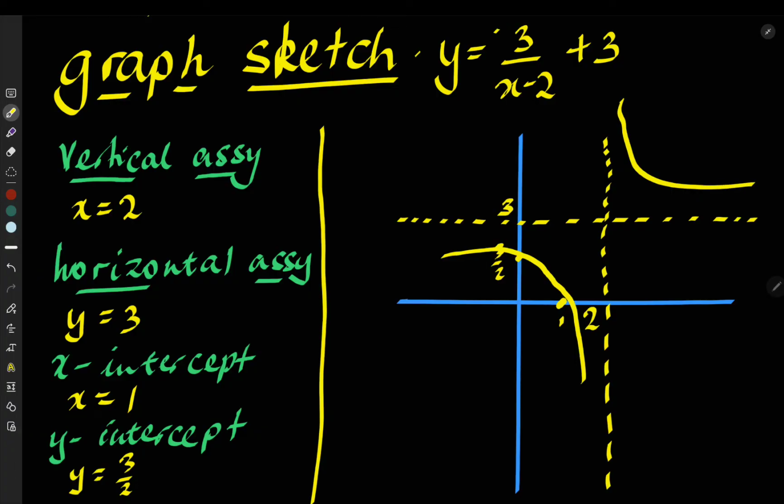So you see again, your A is positive 3, then you expect your graph to be in the first and third quadrant. They're not really quadrants, but on these opposite sides of the asymptotes. And this is the point of intersection of the two asymptotes, and that is the point (2, 3). And that is how you sketch this graph. These are easy 4 marks to get. So yeah, that is how you do that graph.